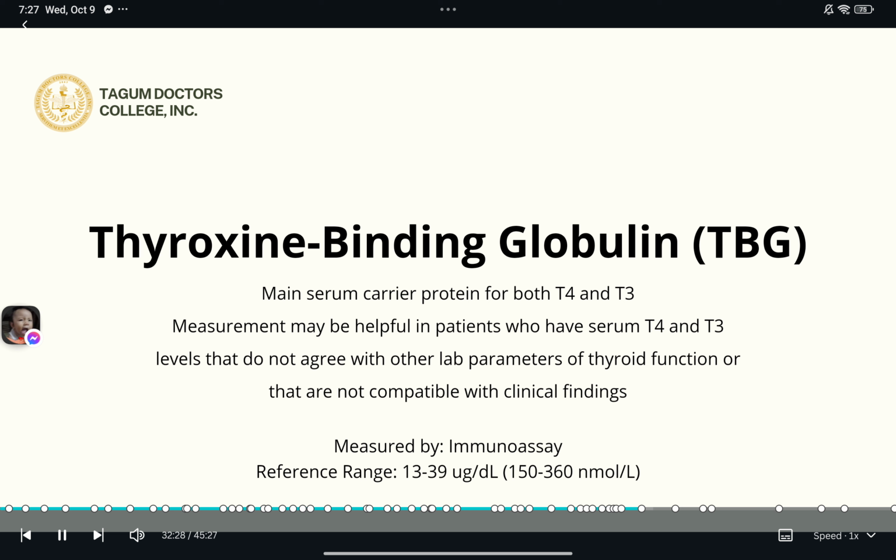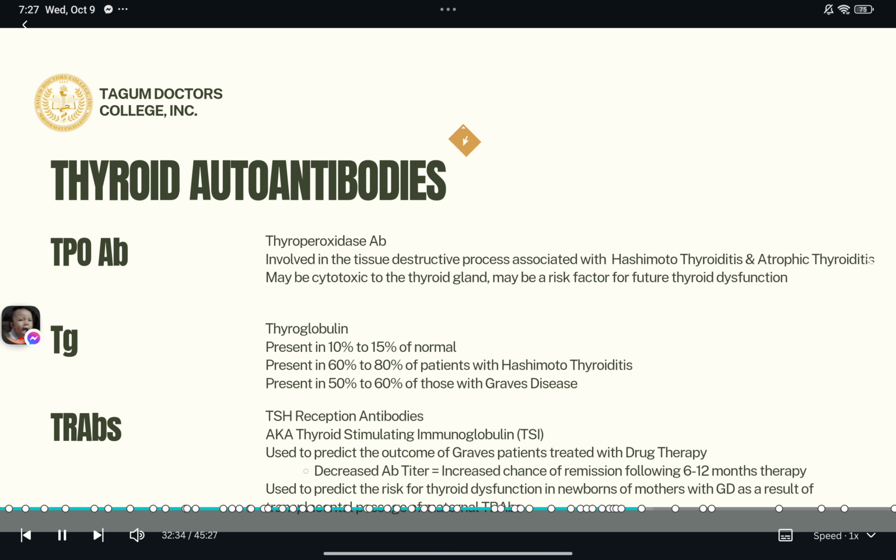Okay. Next, we have our thyroid autoantibodies. We have first our TPO antibody or our thyroperoxidase antibody. So this is involved in the tissue destruction process associated with Hashimoto thyroiditis and atrophic thyroiditis. It may be cytotoxic to the thyroid gland and may be a risk factor for future thyroid dysfunction. So, like we said, it is autoantibodies. So, it is an antibody to the self antigens.